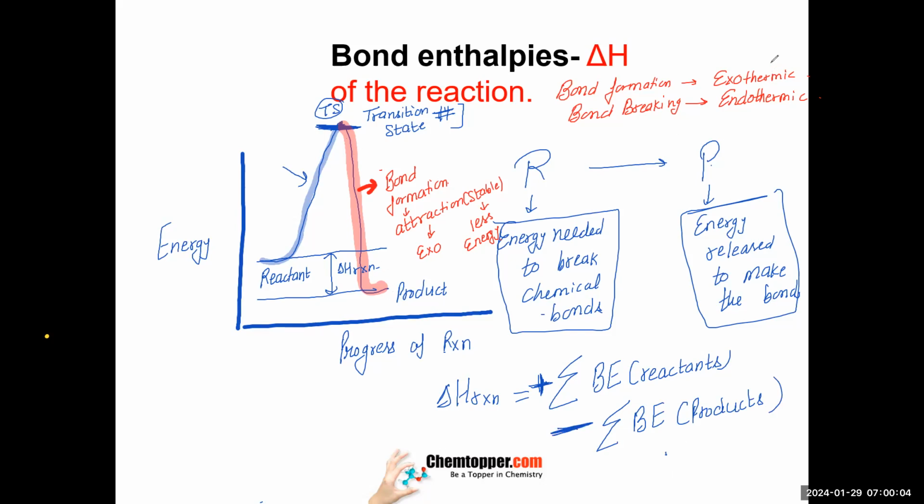Exothermic means minus, endothermic means plus. So bond enthalpies of the products will have the minus sign because they are getting formed, and those of the reactants will have the plus sign because you are breaking them. You add all the energy needed to break the bonds, and all the energies released when new bonds are formed, put them with their proper signs, plus, minus, and get the answer.